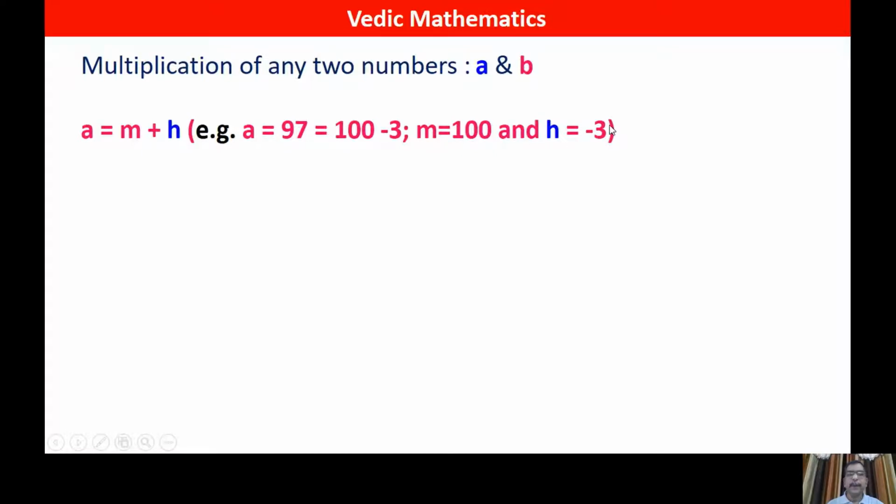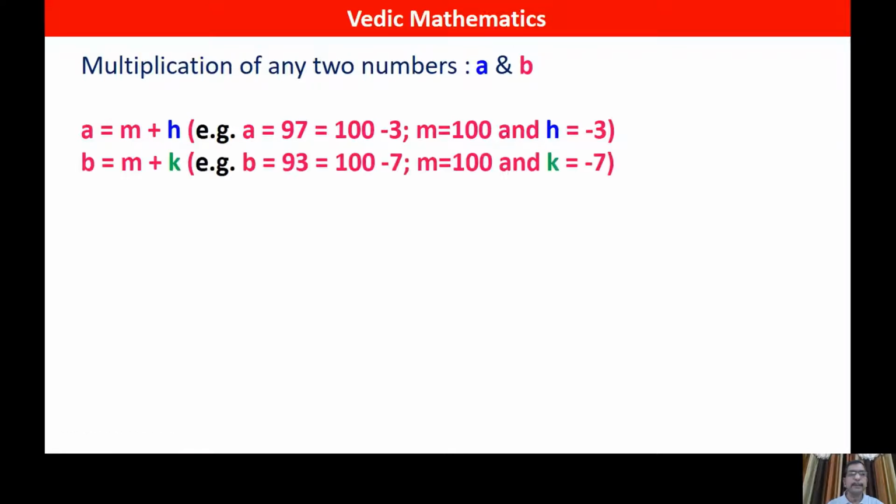Why we are doing it, we will see later, but for the time being, suppose the second number is B. This also can be written in the form M plus K, where B is equal to 93, which is equal to 100 minus 7, where M becomes 100 and K becomes minus 7.